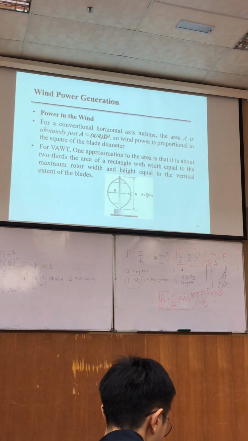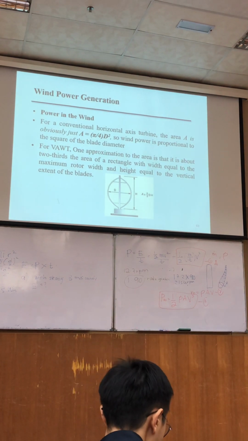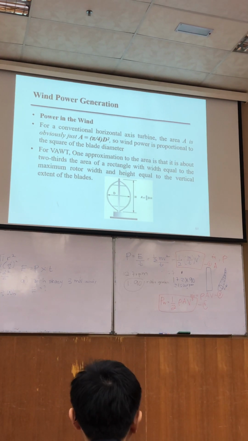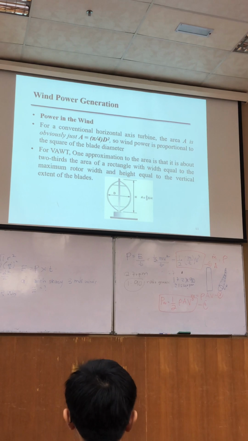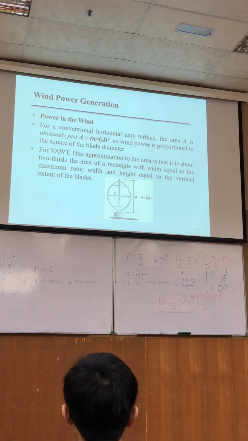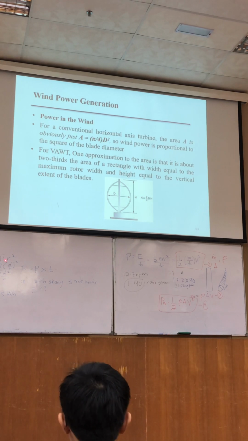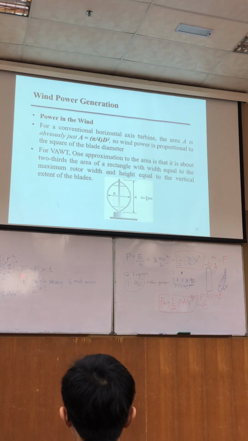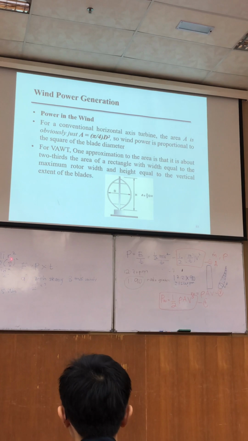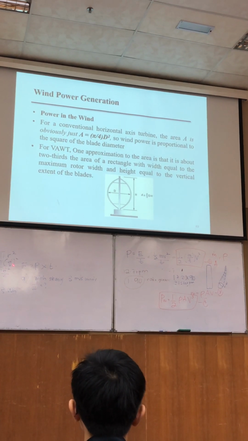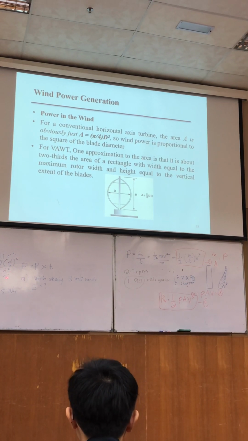There are differences between the area of the vertical axis and the area of the horizontal axis. For horizontal, we are using this formula, area A equal to pi r square. r we know is the radius, so d over 2 and then square, we obtain pi d square over 4.